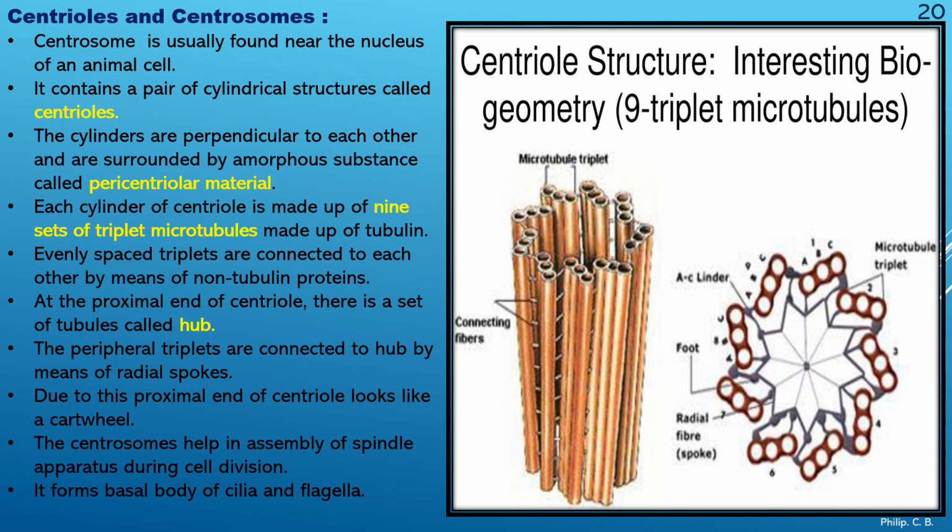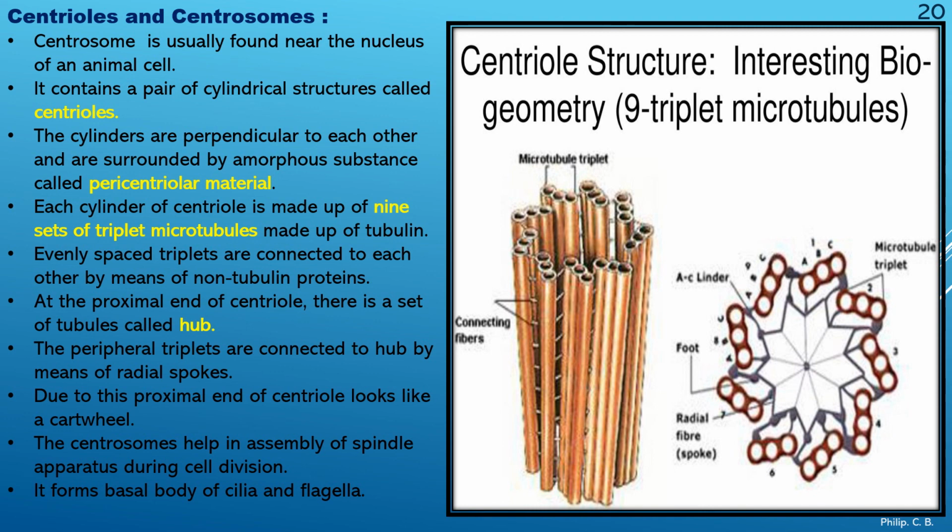Evenly spaced triplets are connected to each other by means of non-tubulin proteins. At the proximal end of the centriole, there is a set of tubules called the hub. The peripheral triplets are connected to the hub by means of radial spokes. Due to this, the proximal end of the centriole looks like a cartwheel, which you can see in the image.